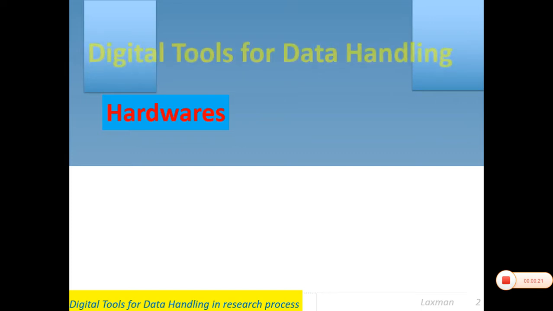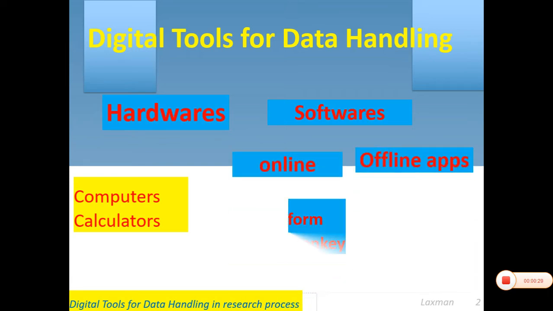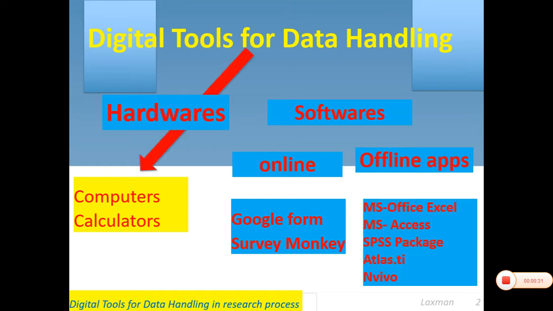There are different digital tools for data handling, and most broadly they are categorized into two parts: hardware and software. Under hardware, there are computers, calculators and other hardware that support collecting digital data.